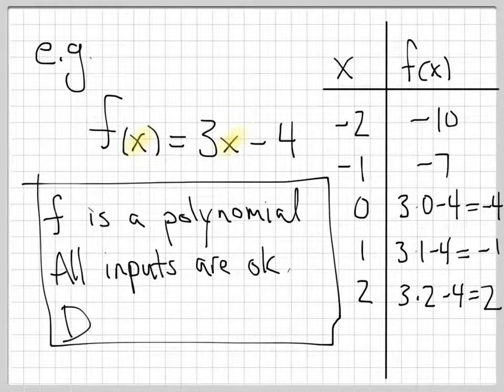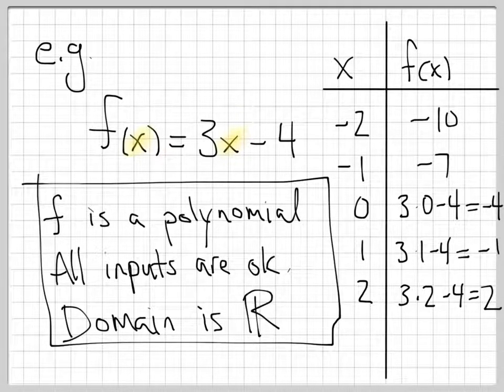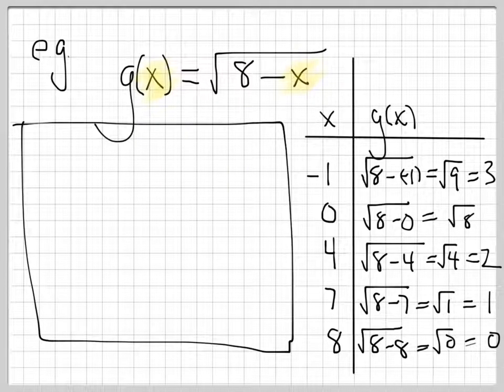And the way we write that is that the domain is all real numbers. Here, g of x is the square root.